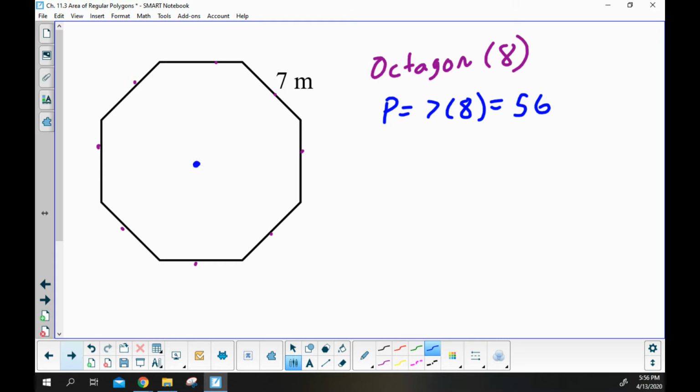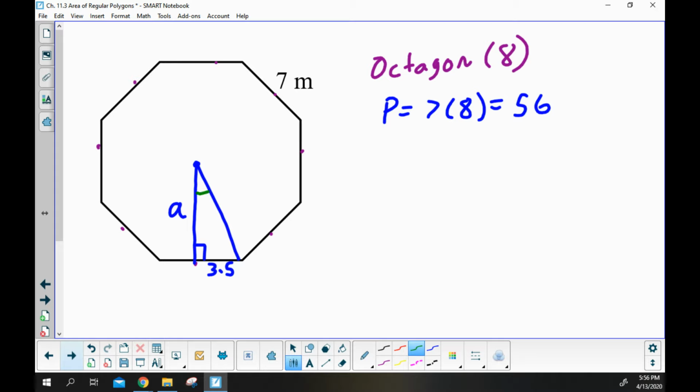So I'm going to start drawing in my triangle, drop my apothem, drop my radius. And since we know every side is 7, we know half of it is 3.5. And I need my apothem. I don't need the radius in this case because the radius is not part of my calculation. But again, I have one side, I need another, and I don't have anything else. So I do need to find this angle.